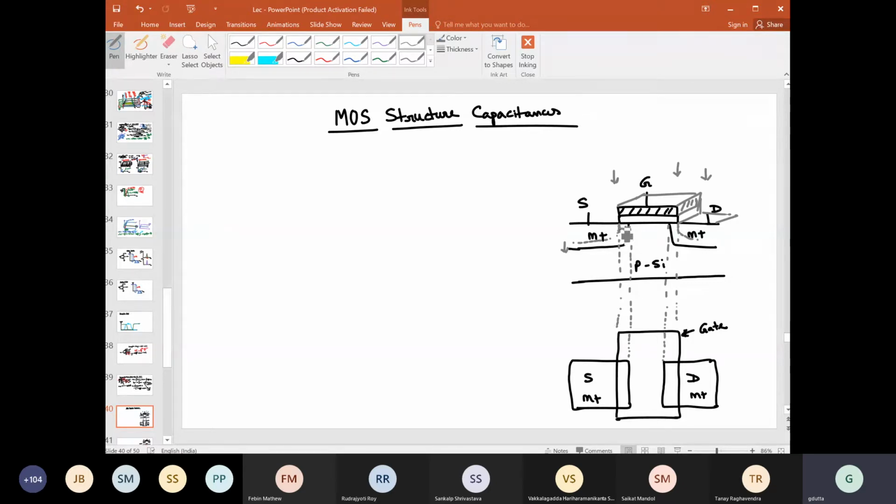This N plus region has now gone somewhat inside the gate. So even though the physical gate length, suppose LD, is from here to here, the actual gate length is this one.